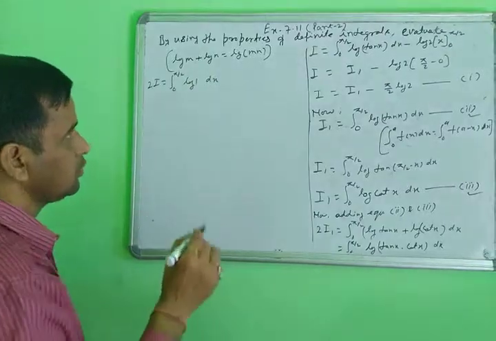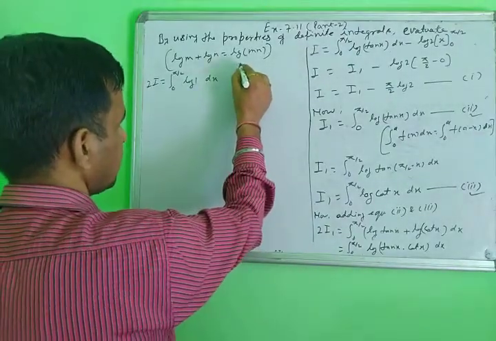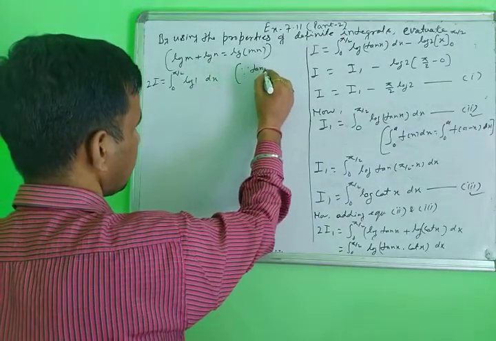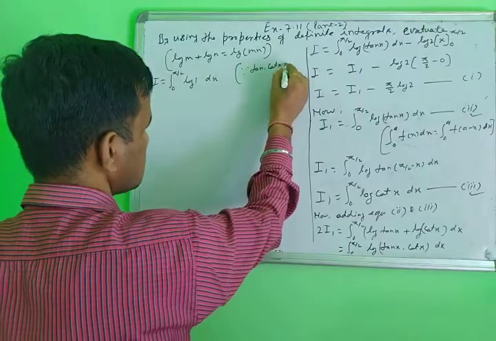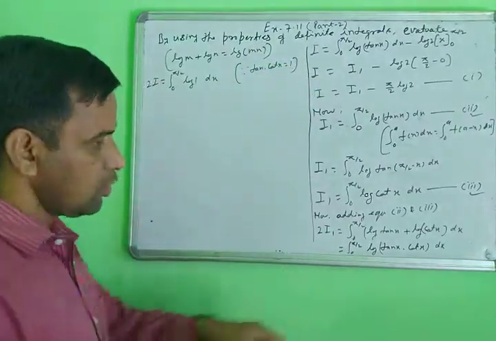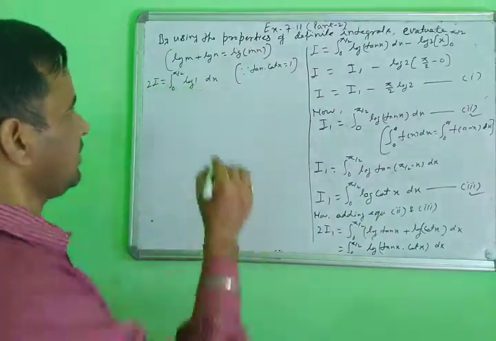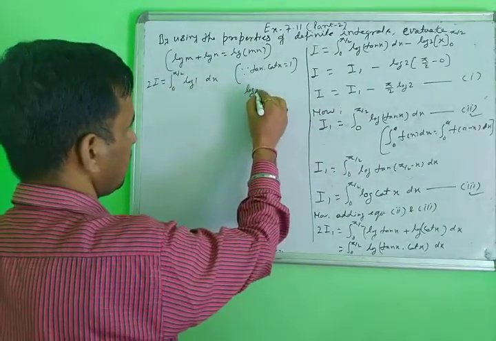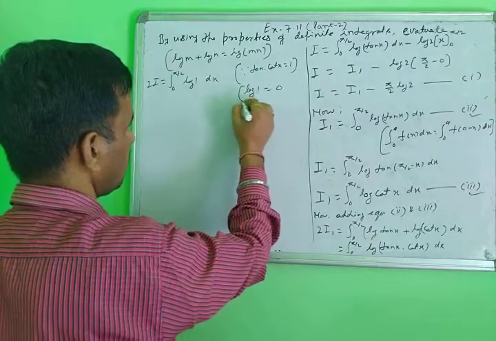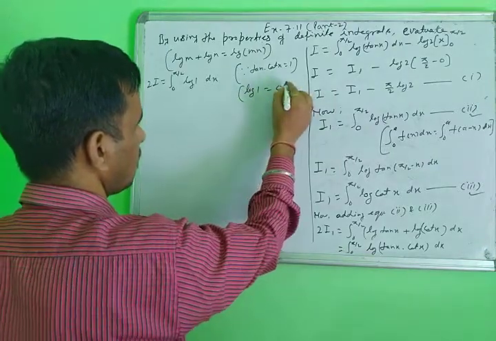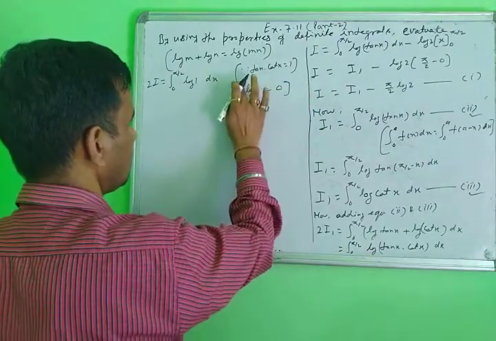Log 1, you know, because tan x into cot x equals 1. The value of tan x into cot x equals 1, so log 1, and the value of log 1 equals 0.